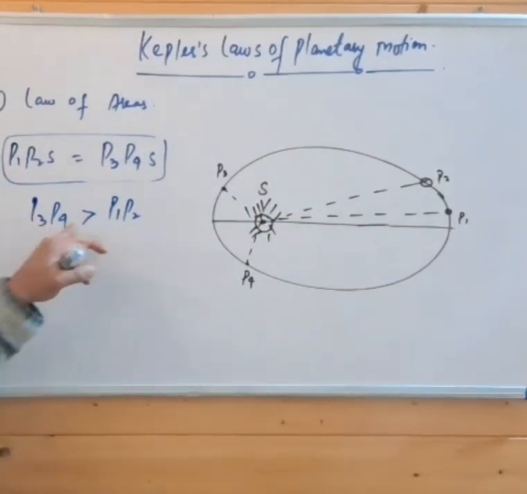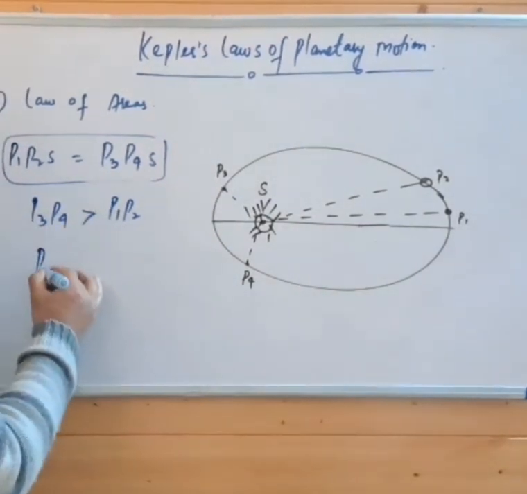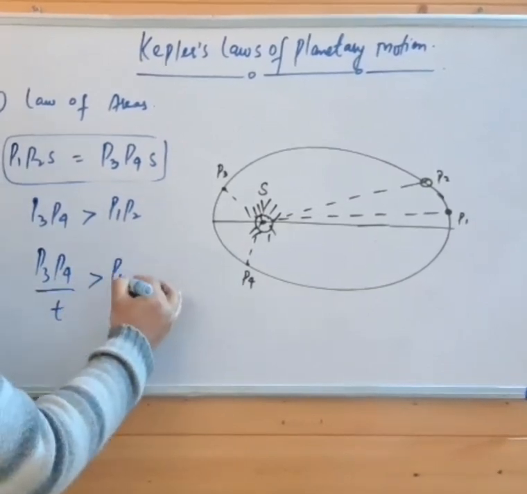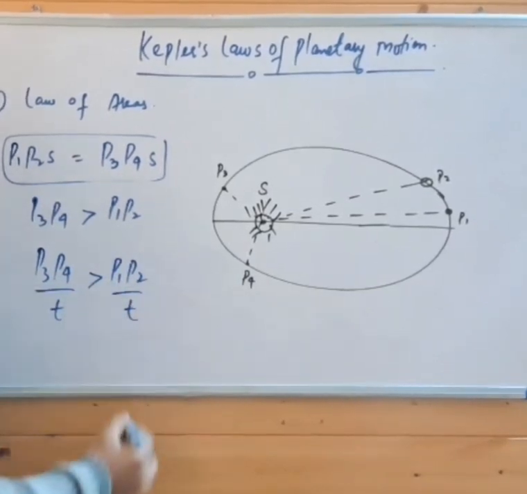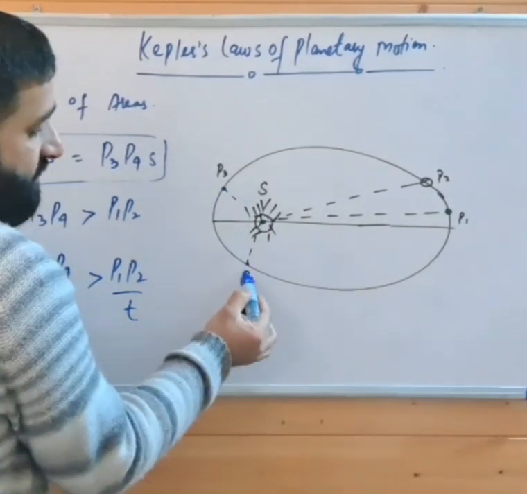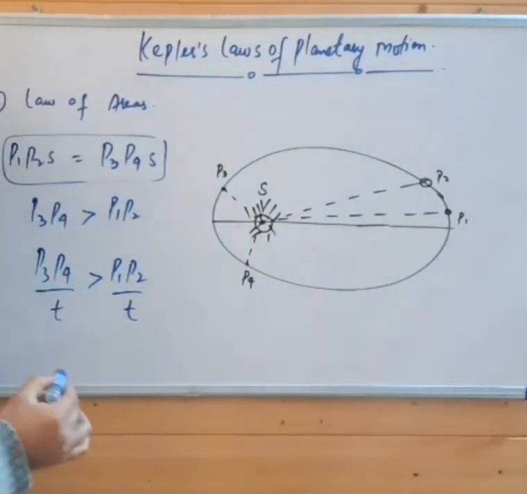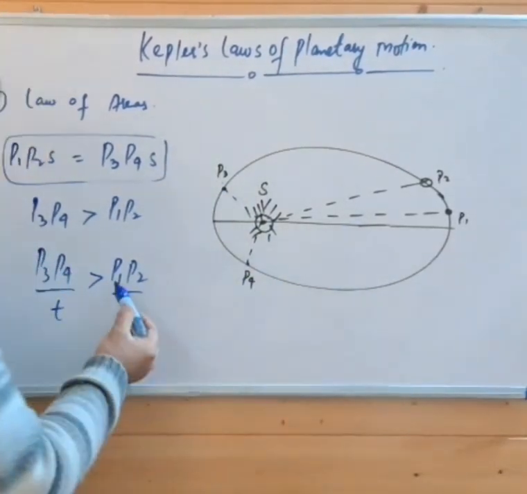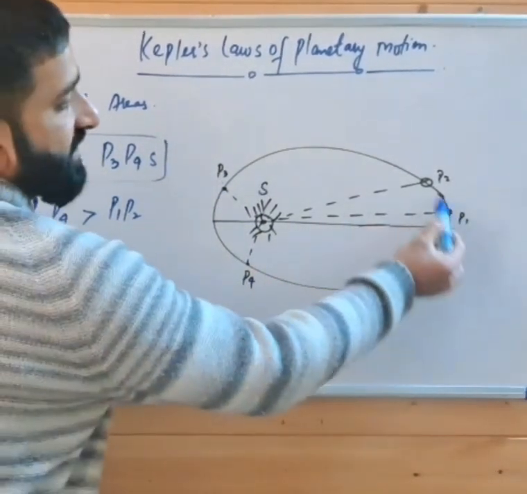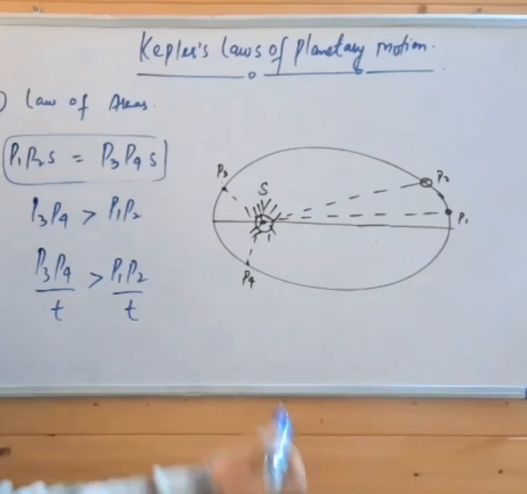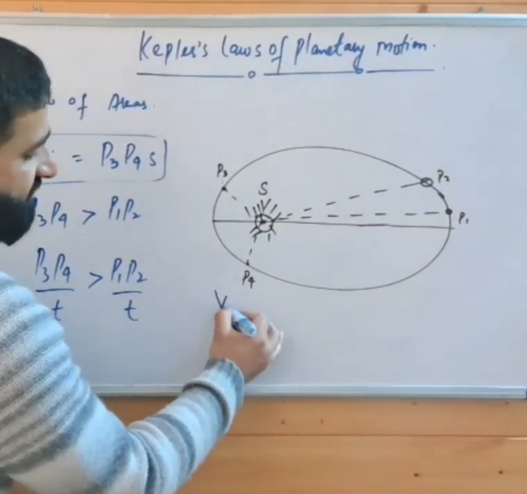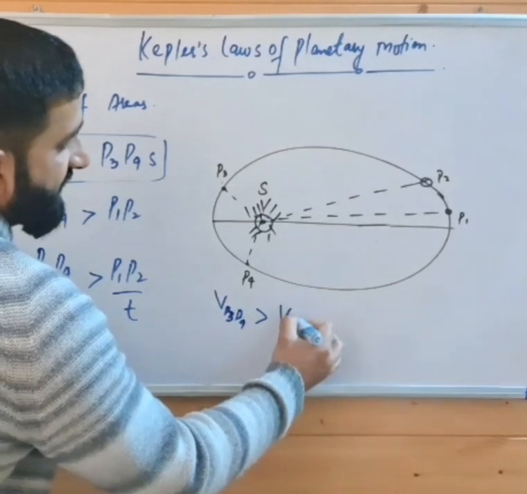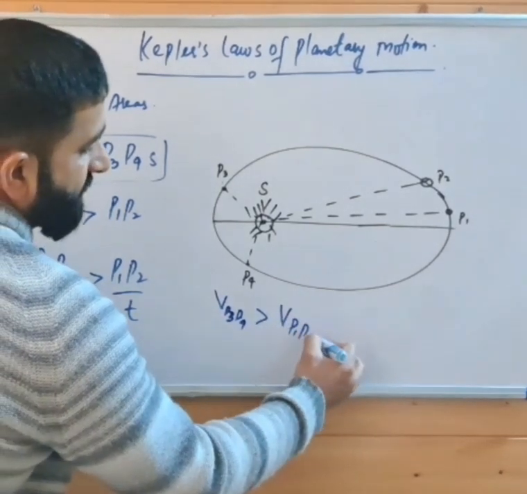If we divide this by T, P3P4 divided by T is greater than P1P2 divided by T. Now, P3P4 divided by T is the linear velocity from P3 to P4, and P1P2 divided by T is the linear velocity from P1 to P2. That means linear velocity P3P4 is greater than linear velocity P1P2.